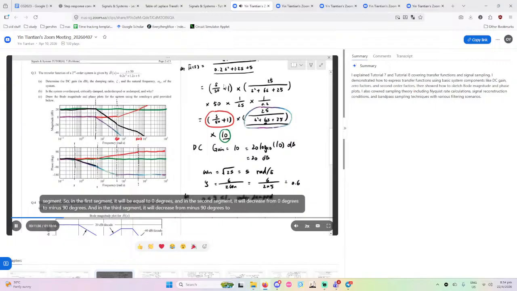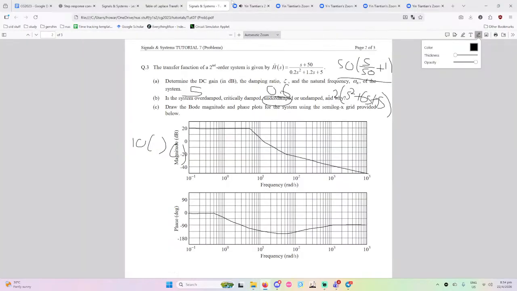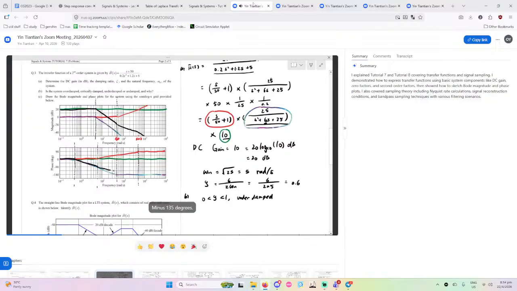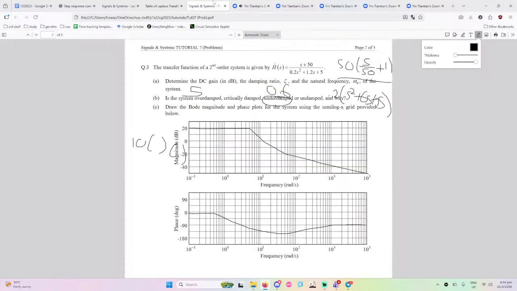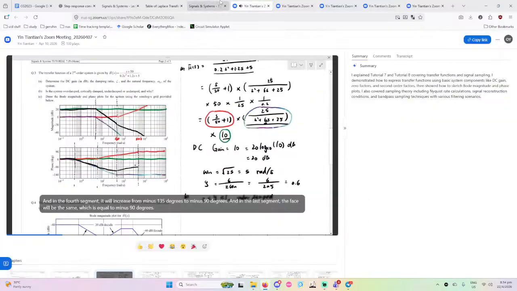From 0 degrees to minus 90 degrees. And in the third segment, it will decrease from minus 90 degrees to minus 135 degrees. And in the fourth segment, it will increase from minus 135 degrees to minus 90 degrees. And in the last segment, the phase will be the same, which is equal to minus 90 degrees.